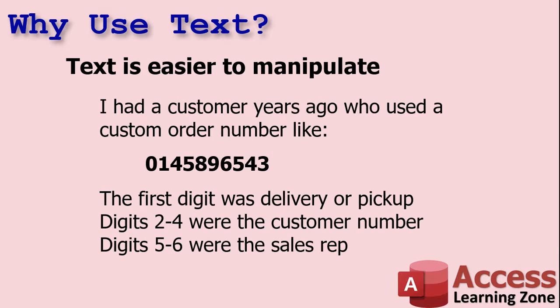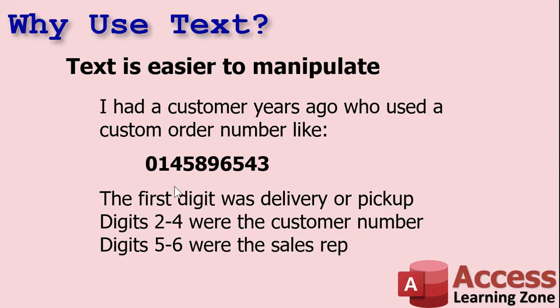I had a customer years ago that I built a database for, and they wanted to keep their old order numbers because they were going to have someone input all the old Excel data into the database. And their order number looked like that. And yes, it's just a number, but we're going to store that as text because they want to get information out of it. The first digit was, is it delivery or pickup, right? 0 or 1.